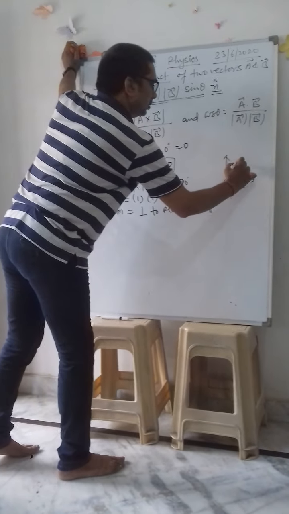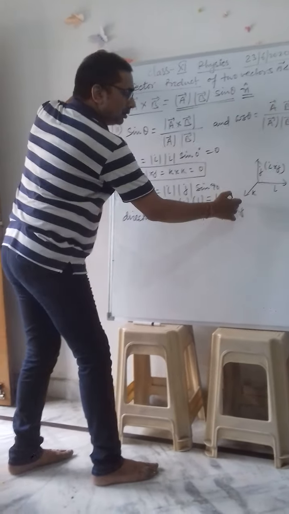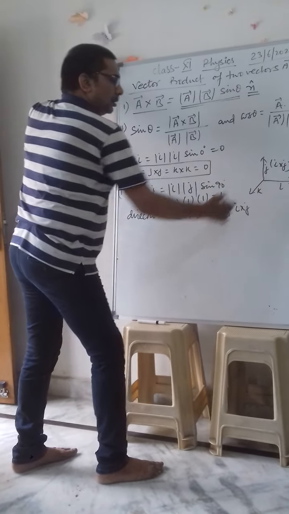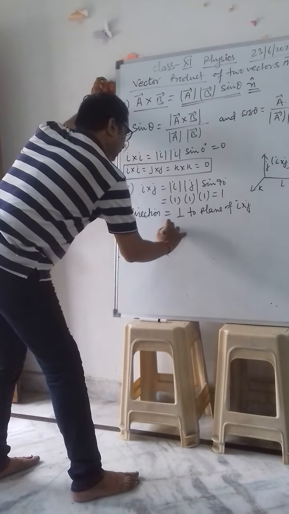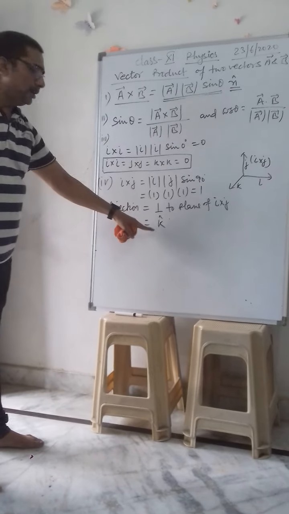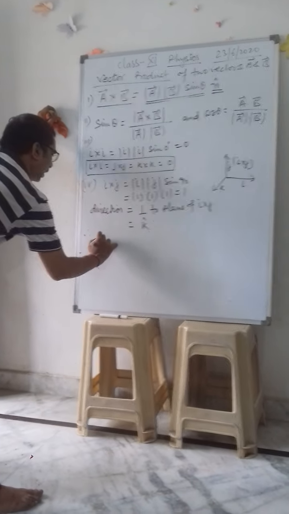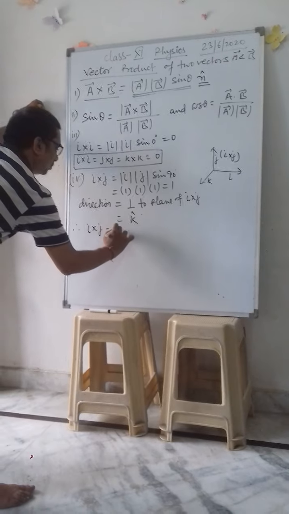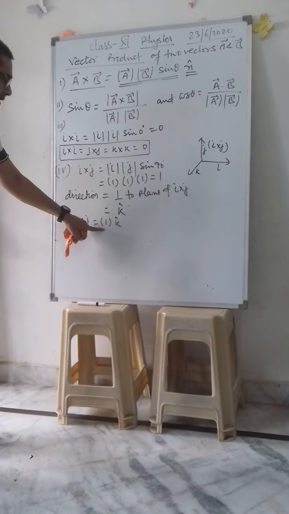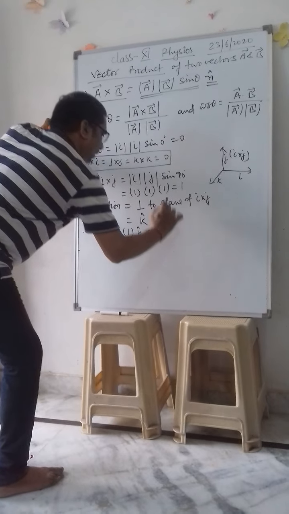This is the plane, and its perpendicular is the K. So we can observe the K direction. So I cross J is equal to 1 into K. Here K is the direction and 1 is the magnitude.